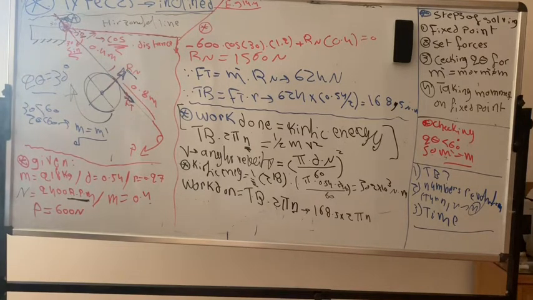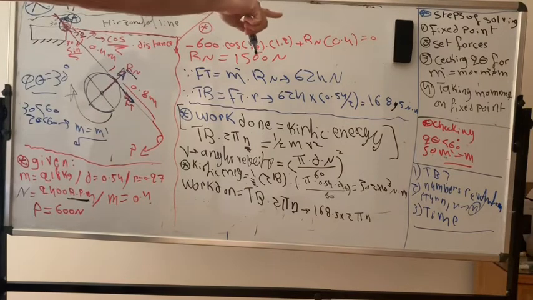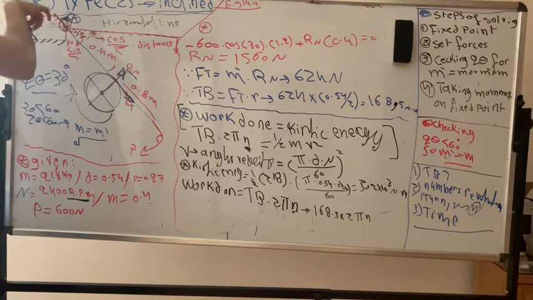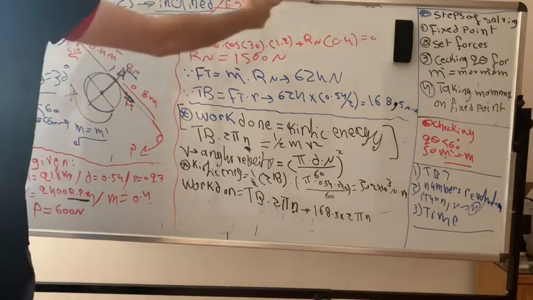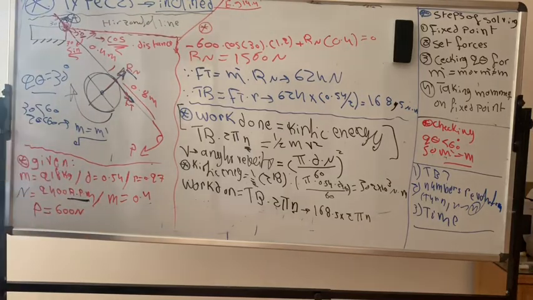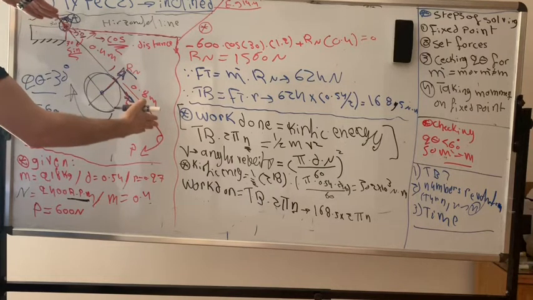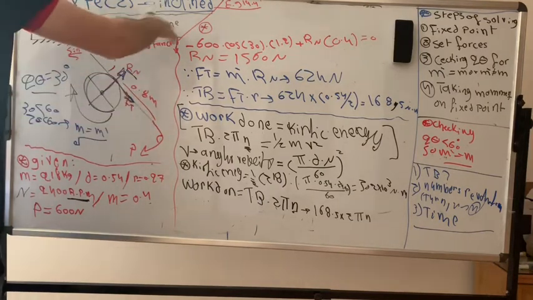Just focus, guys. First of all, the last part, taking the moment at the fixed point. When I take the moment at the fixed point I get the Rn and the FT and so on. Great. Please focus. The arm's original place was here on the horizontal line.